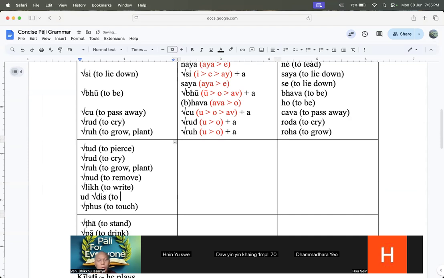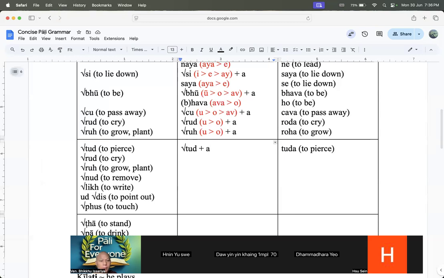So to point out. Okay. But these roots do not change like this. For example, root dud and the a, only dud. Duda means to poke with a sharp one, a needle, poke with an arrow, like that.